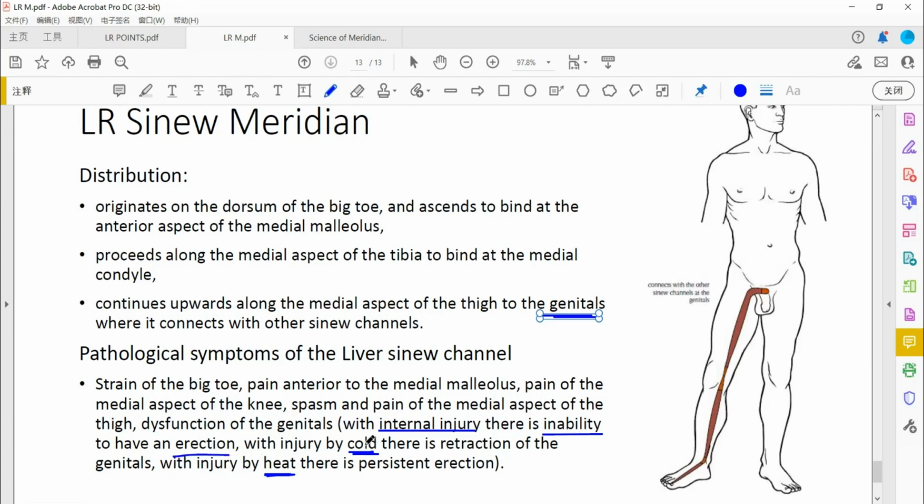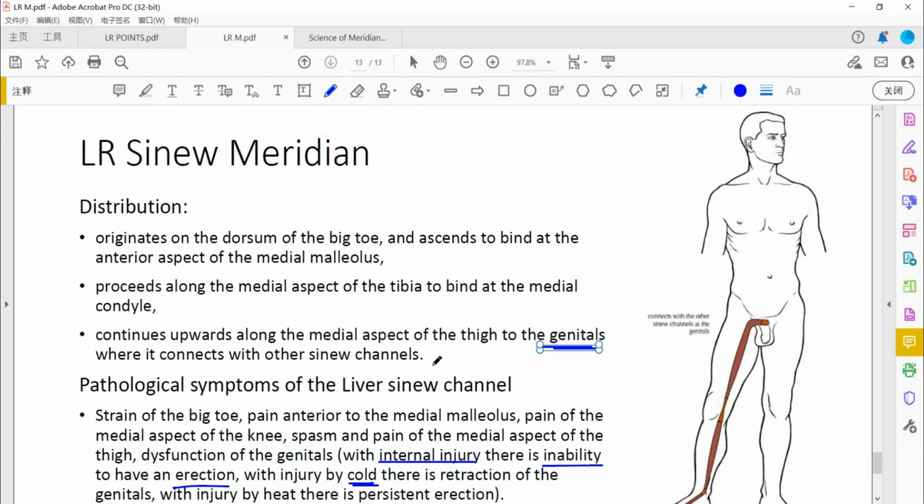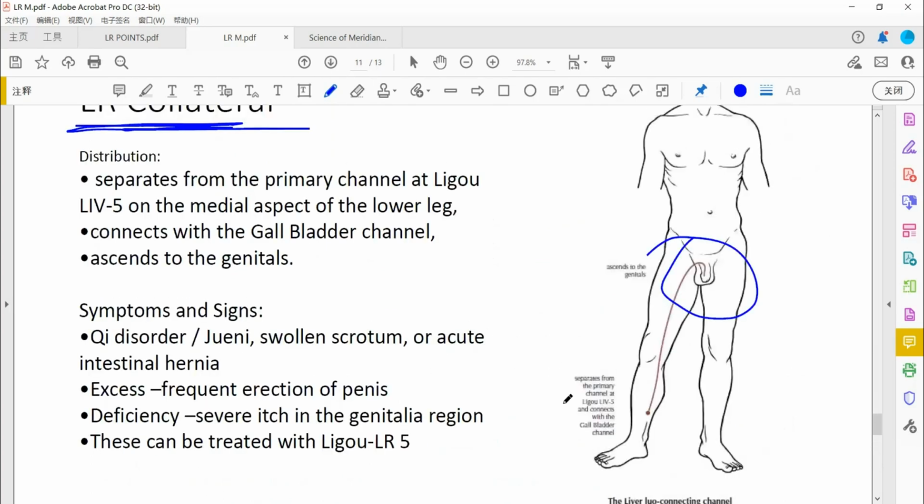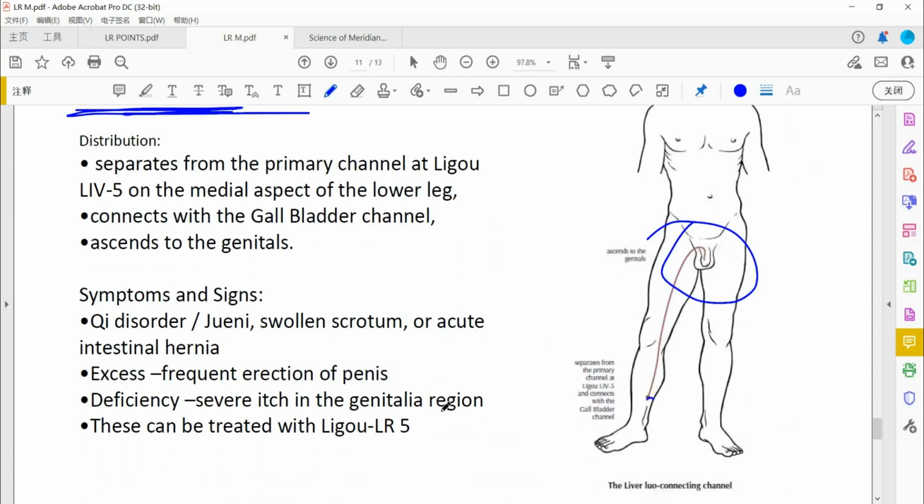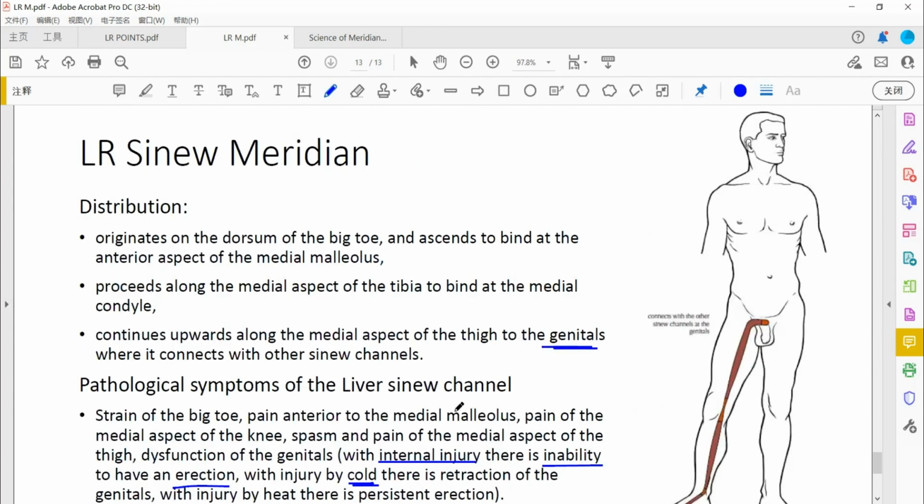If the cold invades the sinew meridian, there will be retraction of the genitals. If the heat attacks the sinew meridian, there will be persistent erection. So you can still use liver 5, this point. Liver 5 is a good point.